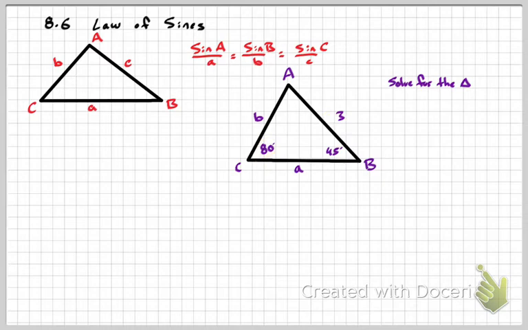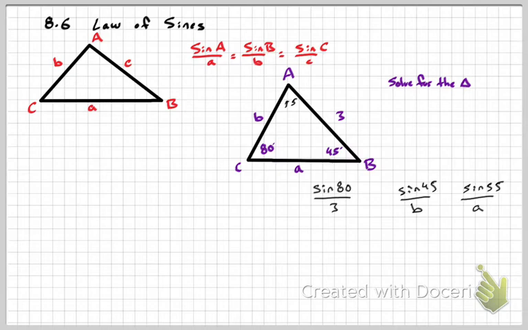So that first complete ratio would be the sine of 80 over 3. Our other ratio is the sine of 45 over b, and we can use our calculator to find the measure of angle A, because all three angles have to add to 180. So 180 minus 80 minus 45, that missing angle is 55 degrees. So our other ratio would be the sine of 55 over a.